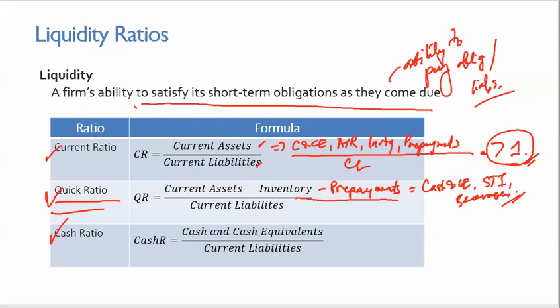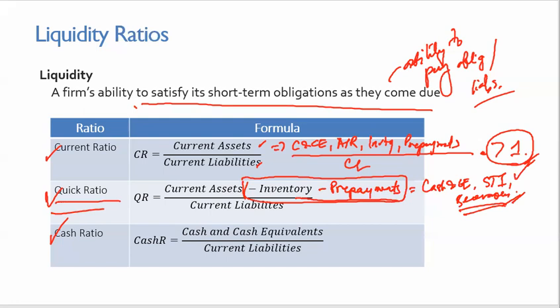So para siyang mas strict lang na current ratio, because we excluded inventory and prepayments. Kasi kung tutuusin, medyo mas matagal pa bago maging cash yung inventory and prepayments. Ang mas madaling i-convert to cash is short-term investments. Pwede mong ibenta sa market yung short-term investments mo. And receivables, kasi yung receivables, kukolektahin mo na lang, cash na.